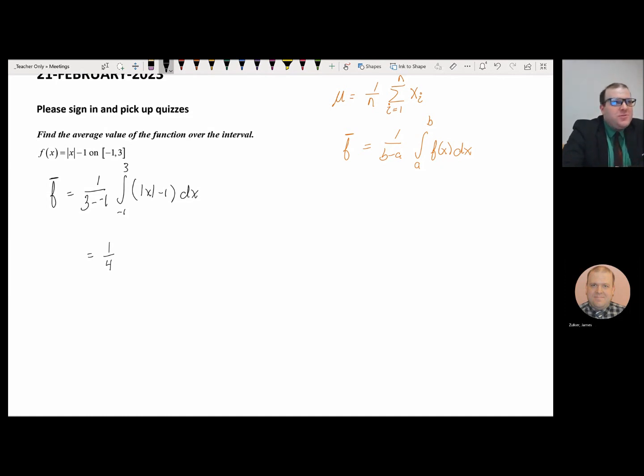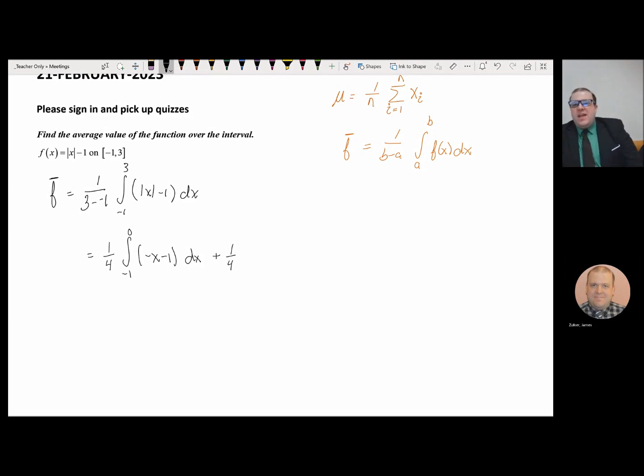So we're going to have a quarter. Then we're going to need to split the interval at 0 because of the absolute value.